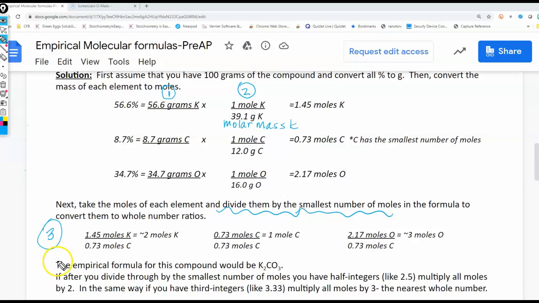So our empirical formula for this compound comes out to K2CO3. Remember, this forms our subscripts as long as they are numbers which are really close to whole numbers. If they are not, then we have to multiply half integers, in other words 0.5s by 2, 0.33s by 3, and so on.